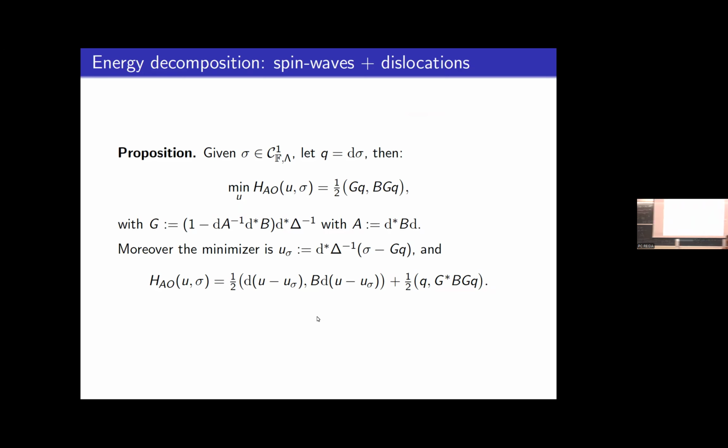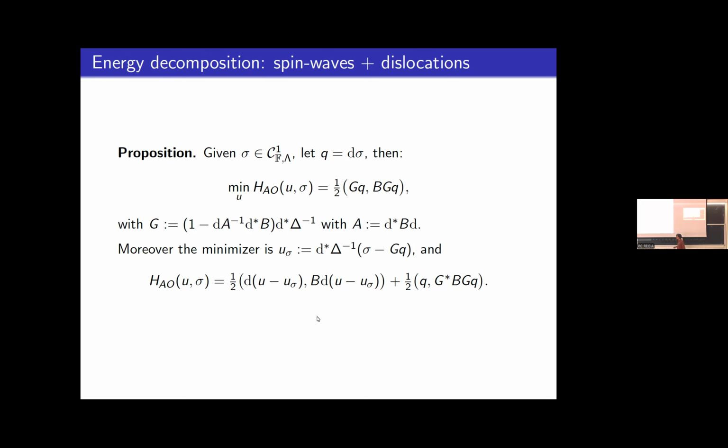So this G star VG is the lattice analog of this two-body dislocation interaction that I introduced, for instance, briefly yesterday when I mentioned the model by Kosterlitz, Thouless and company. The large distance behavior of this has exactly the same large distance behavior of the effective interaction among dislocations known in the plasticity literature.